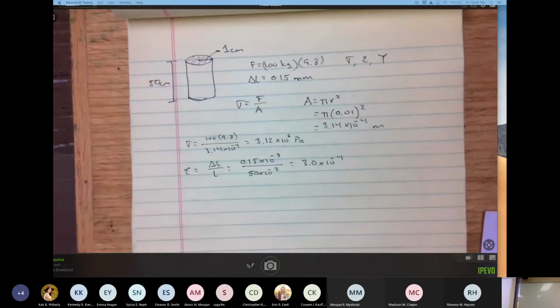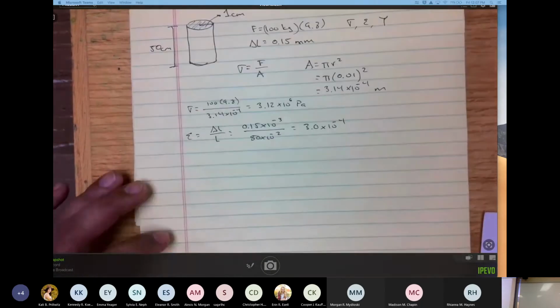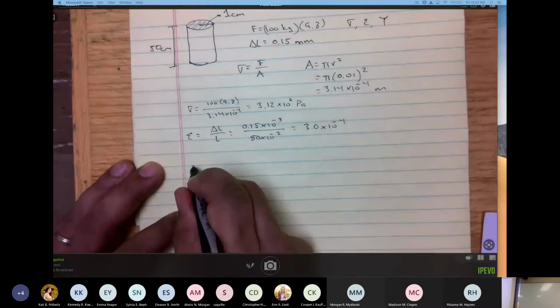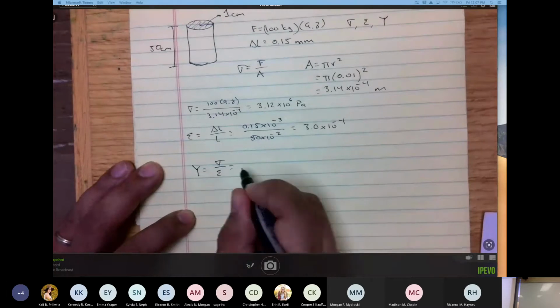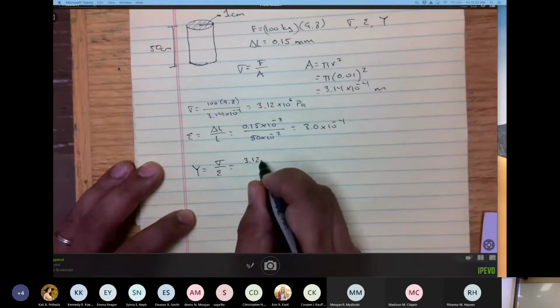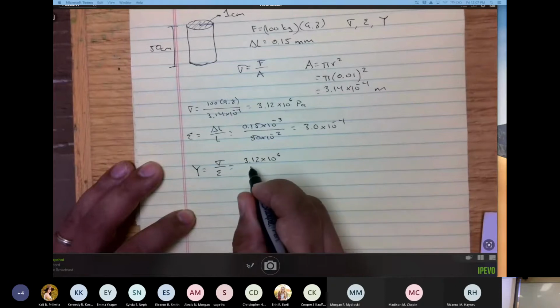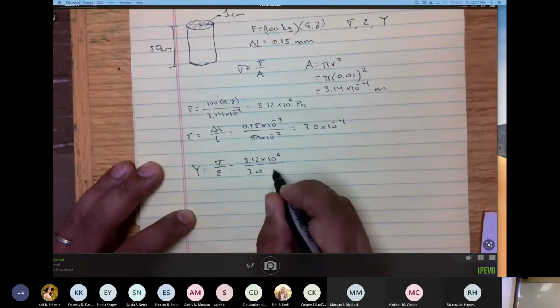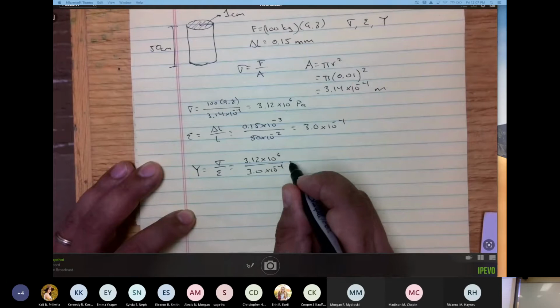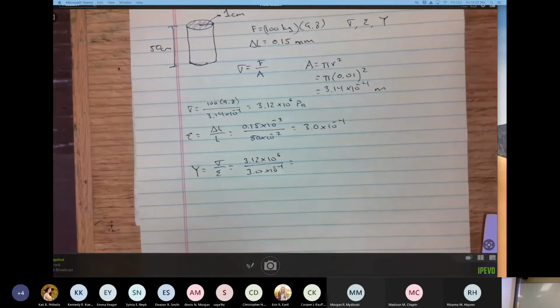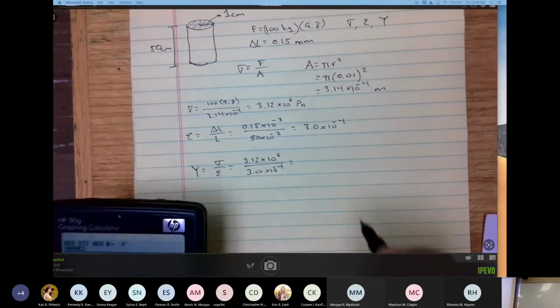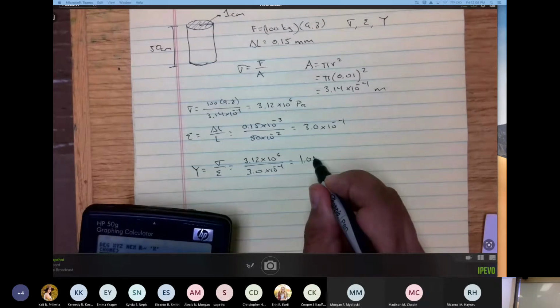And the Young modulus is just stress divided by strain. So this is 3.12 times 10 to the 6 over 3.0 times 10 to the minus 4. So that would be about 1.04 times 10 to the 10 pascals.